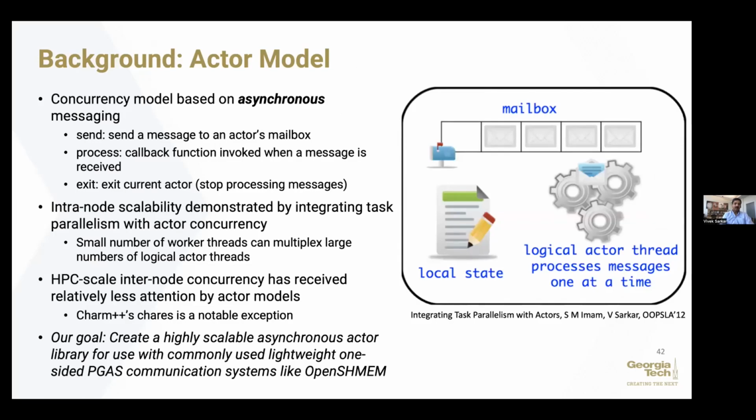Just very briefly, one of the reasons the actor model has been adopted and pursued for so many years is that it is very elegant. It's a concurrency model based on asynchronous messaging.